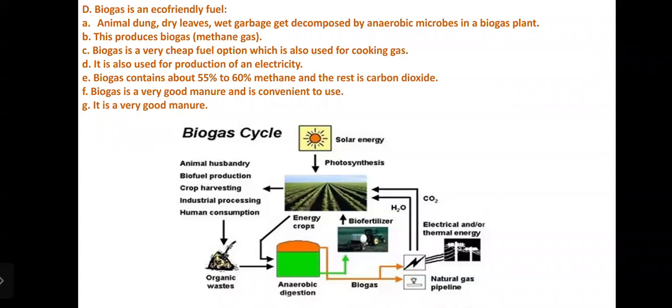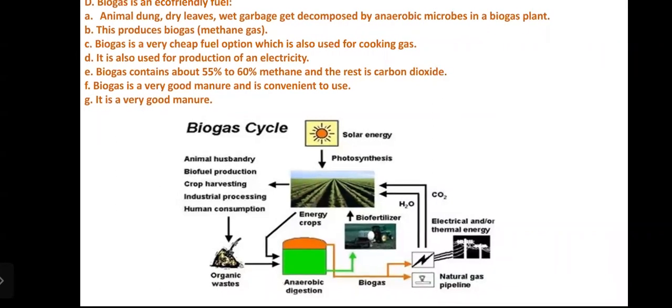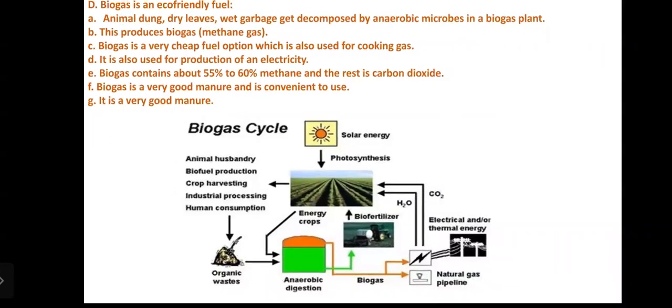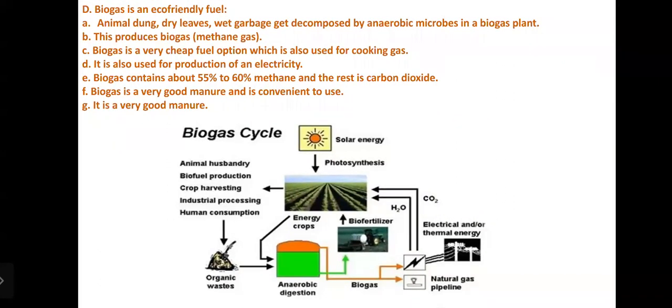This chamber has microorganisms present which decompose the animal dung or dry leaves and convert it into manure and gas. The gas is collected in another chamber through another pipe and the manure is collected in another chamber, two different chambers.